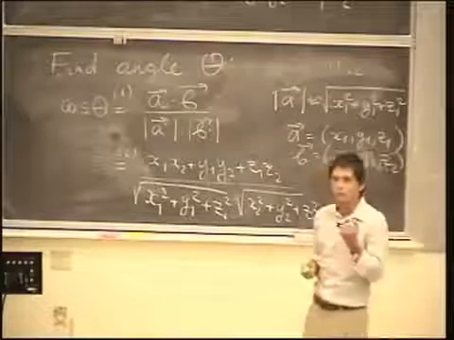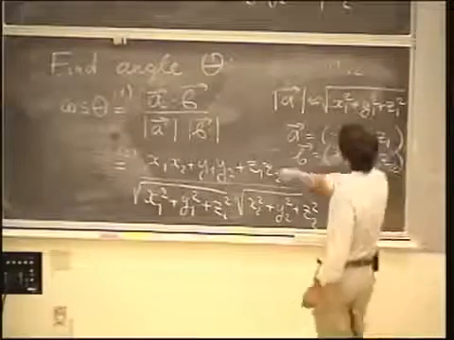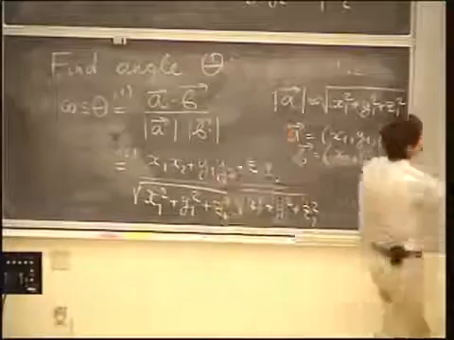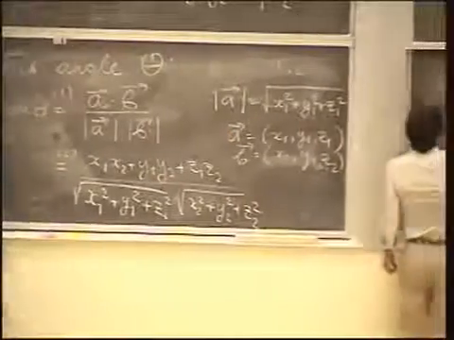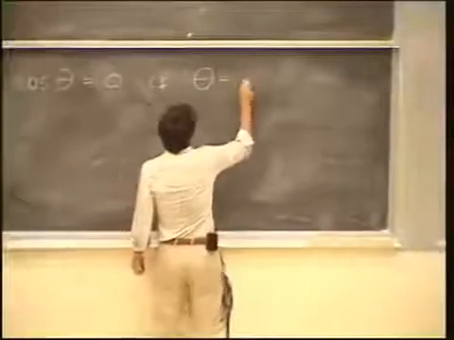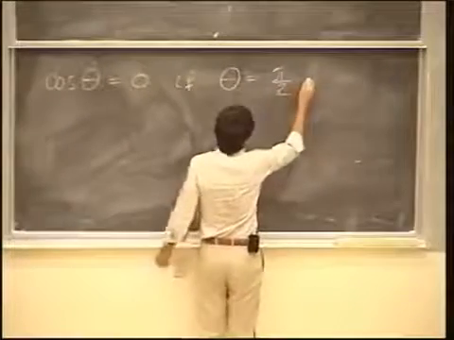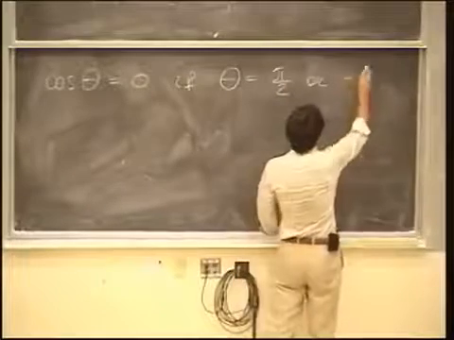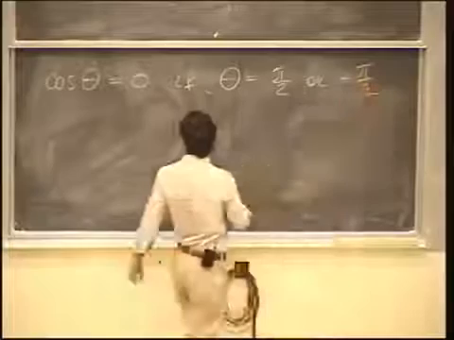One application of this is the following. There is a very special angle theta for which the cosine is equal to 0. So cosine theta is equal to 0 if theta is equal to pi over 2. Or actually, not just one, but two different values, pi over 2 and negative pi over 2.